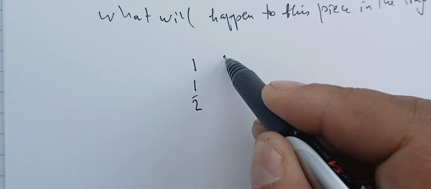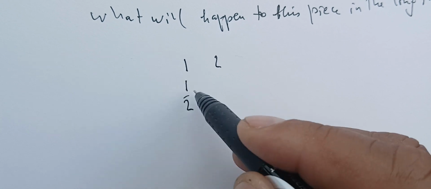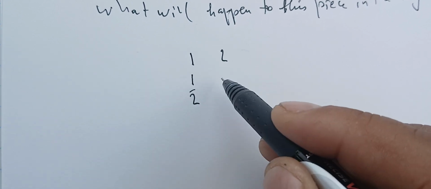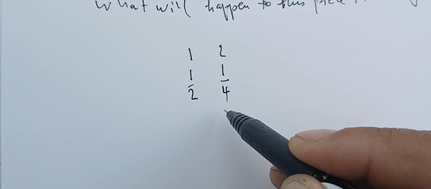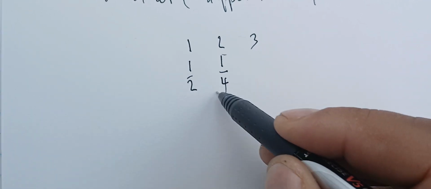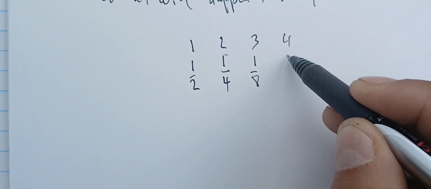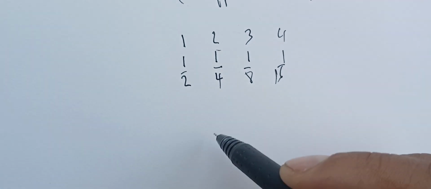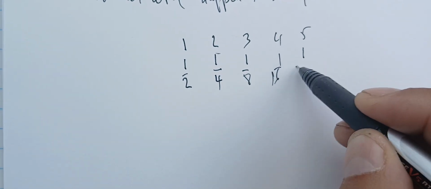Day two, what's left is one half divided by two, it's 1/4. Day three, it's half of what was left, so it's 1/8. Day four, it's 1/16. Day five, it's 1/32.